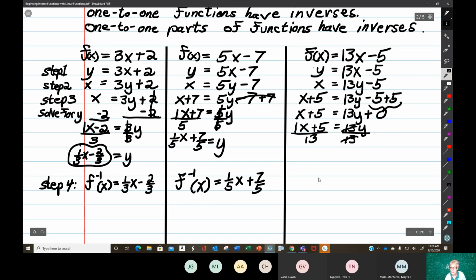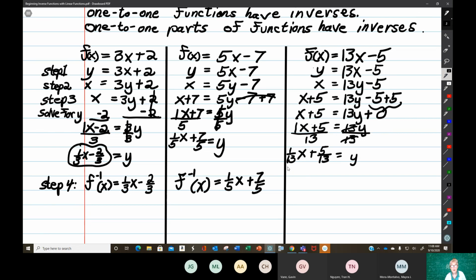Boom, boom, the 13s can't cancel. You're going to have y equals 1 over 13 x plus 5 over 13. That's the inverse function.